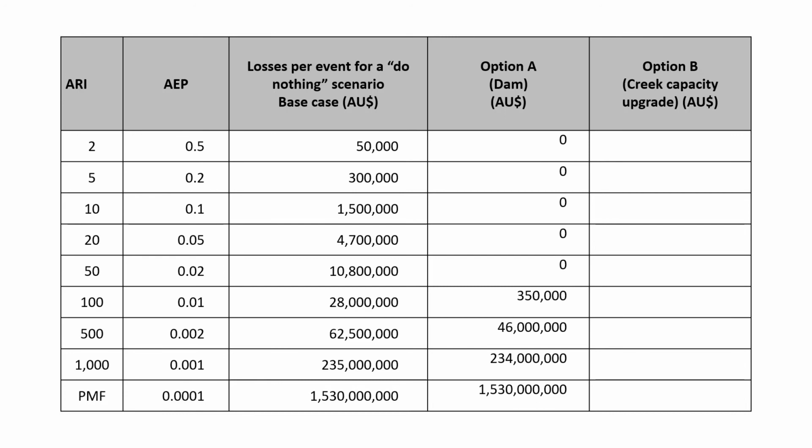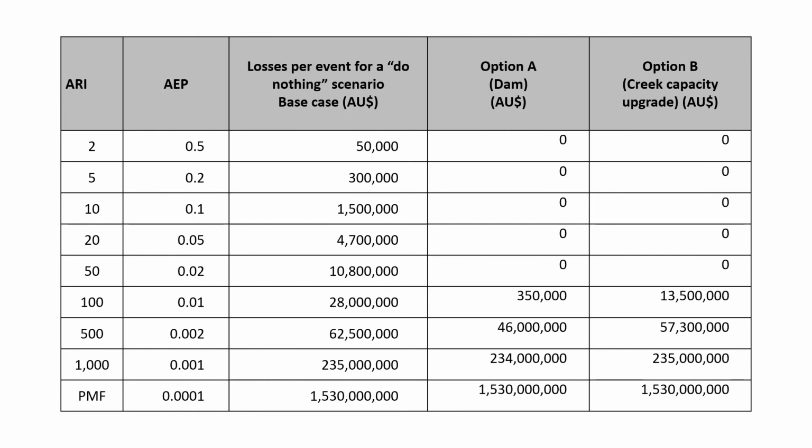Option B, upgrading the creek capacity, will also reduce to zero flood losses of up to a 1 in 50 years flood. It will reduce losses from a 1 in 100 years flood to 13.5 million and have a smaller effect than option A on larger floods.